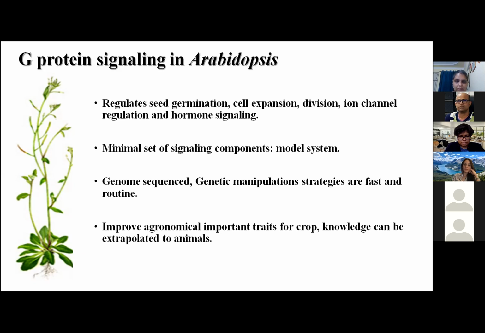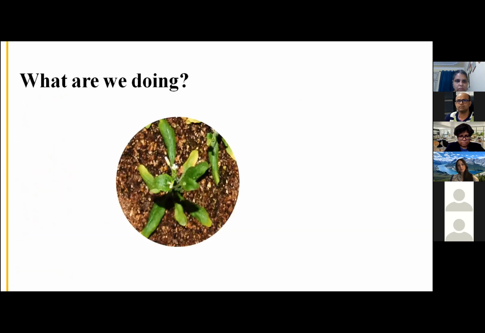You can have the complete life cycle in 40 to 60 days, from seed set to the next generation seed set. The whole genome is sequenced. Genetic manipulations are very, very easy, and knockouts of almost all the genes of this plant are available. Once you find some genes with improved agronomical traits, you can transfer this information to the crop plants.